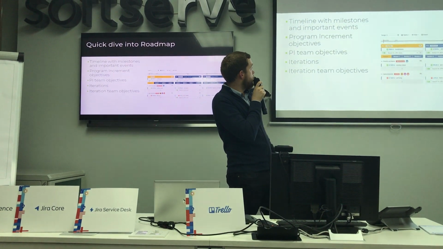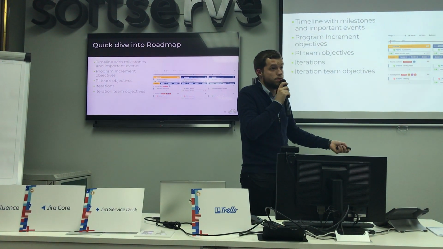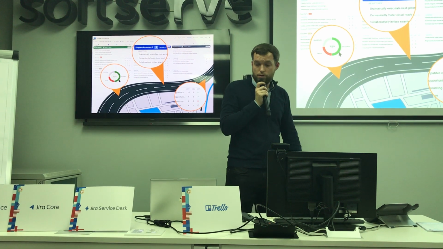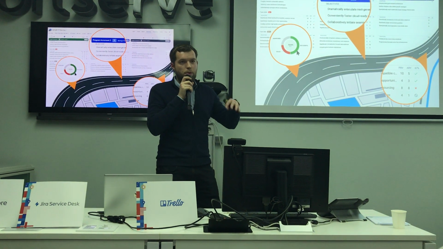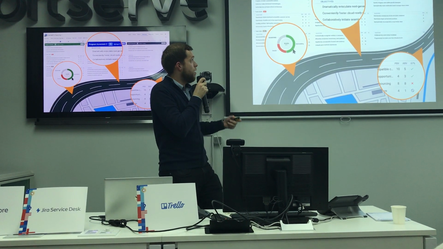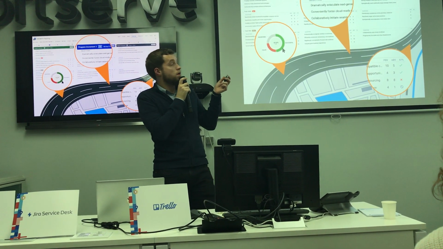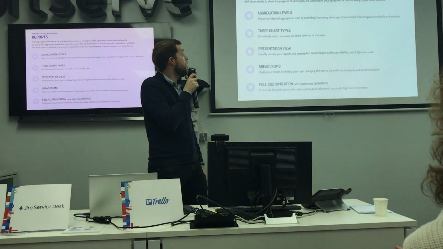So basically what you do is you plan your iterations based on it. A handy slide from Software Planet, how it looks. It's all about the aggregation of the project, so you see the whole picture of what is going on in different product increments, in different teams, if it's a really complicated thing.